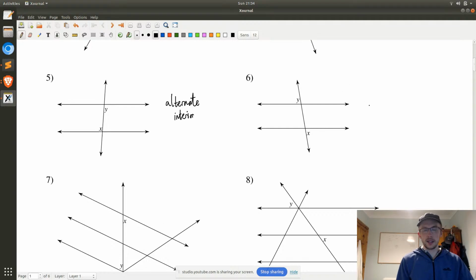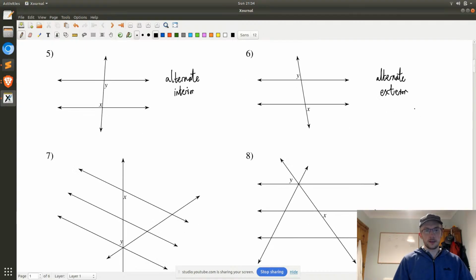Angle X and angle Y are alternate exterior angles.